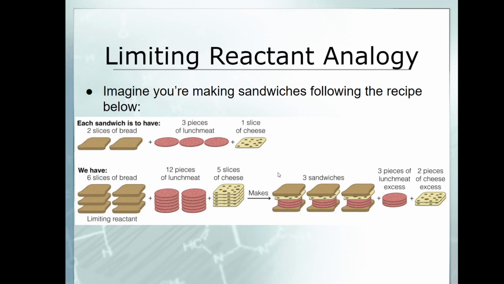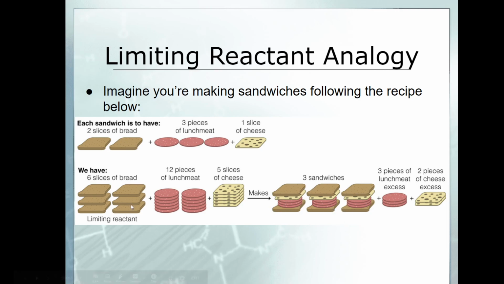Another analogy we can look at is following a recipe. Say we're making sandwiches. If we look in our pantry and we have 6 pieces of bread, 12 pieces of lunch meat, and 5 pieces of cheese, and each sandwich calls for 2 pieces of bread, 3 pieces of meat, and 1 piece of cheese, based off of what we have, we can make 3 sandwiches.